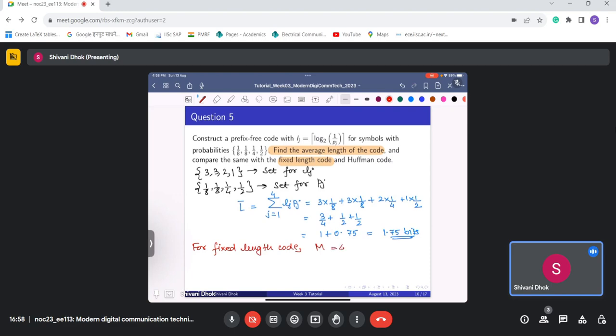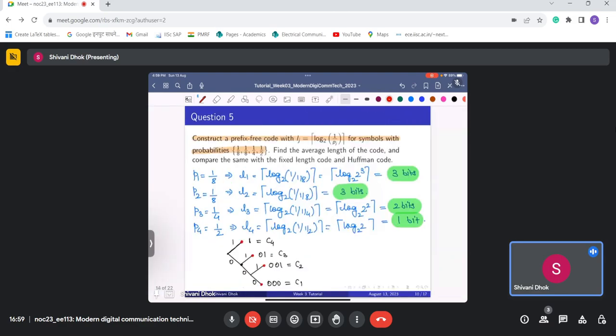M is 4, which means that the number of bits, that is this L, will be basically the ceiling of log M to the base 2, which is simply the ceiling of log of 4 to the base 2, which is simply 2 bits. So this is what we are having here.